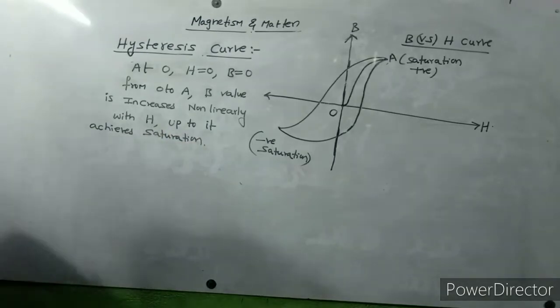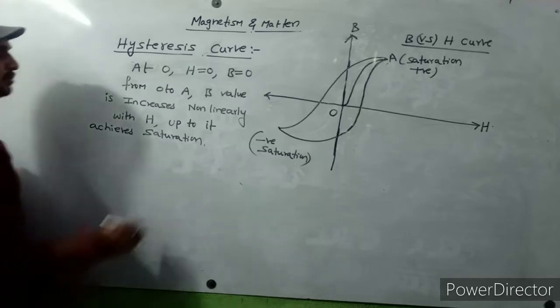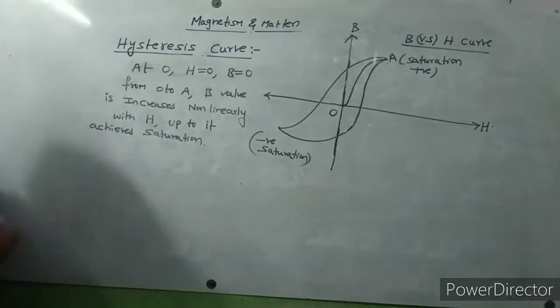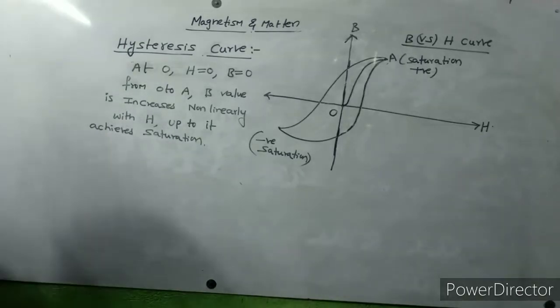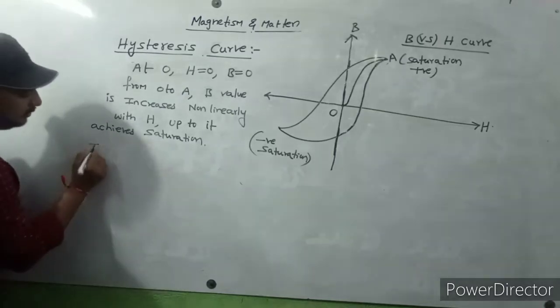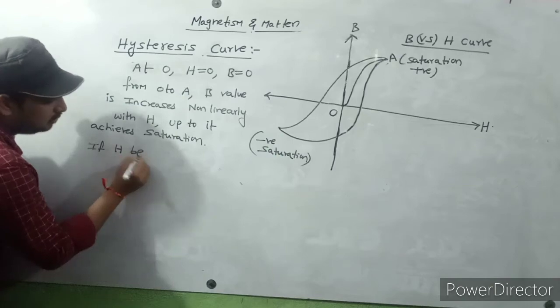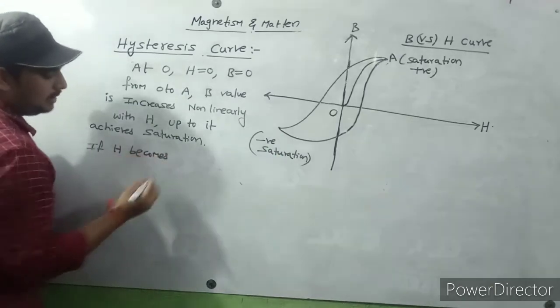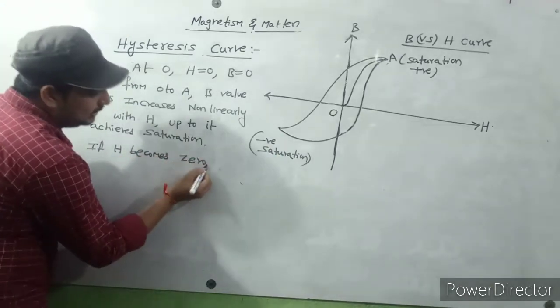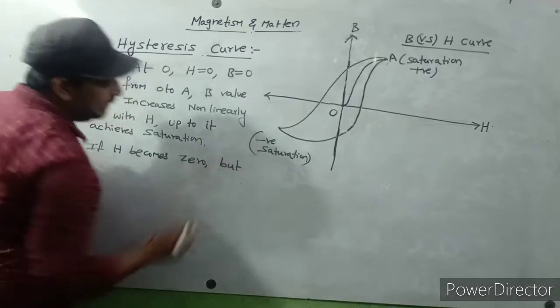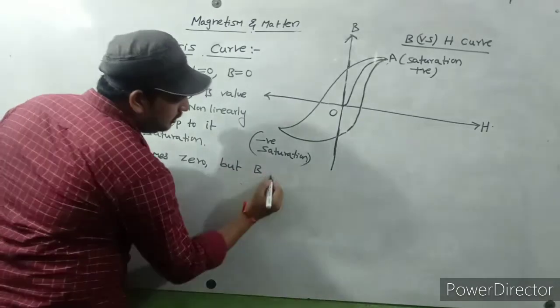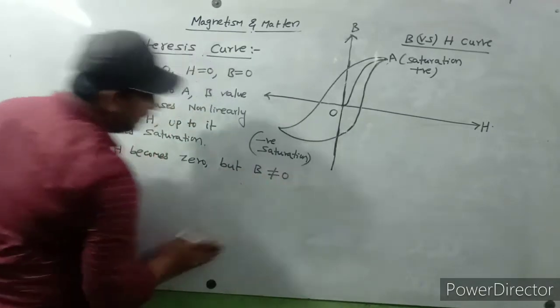And again H becomes 0, but B is not equal to 0.